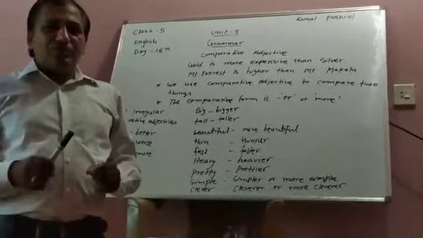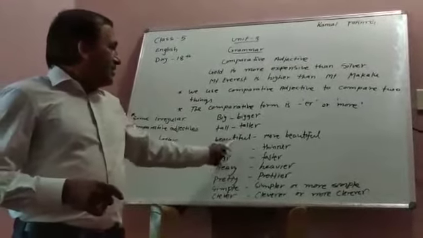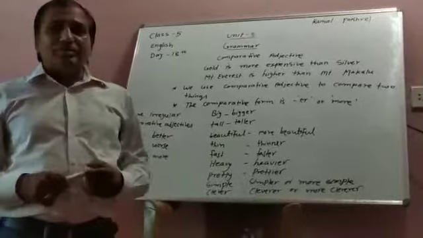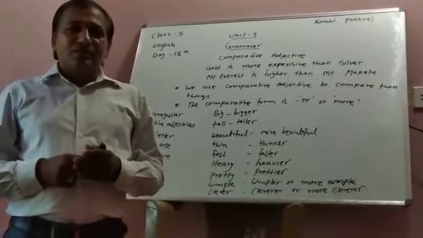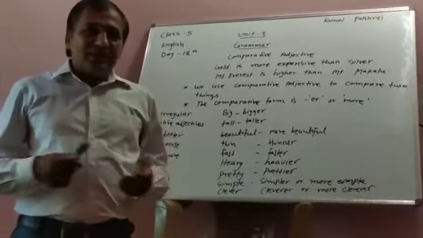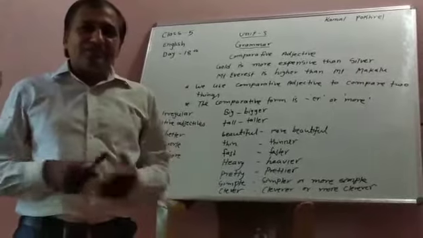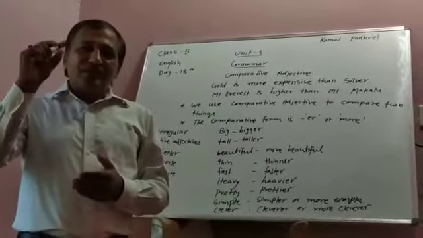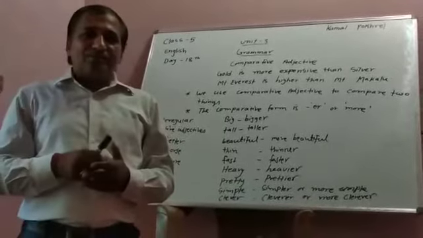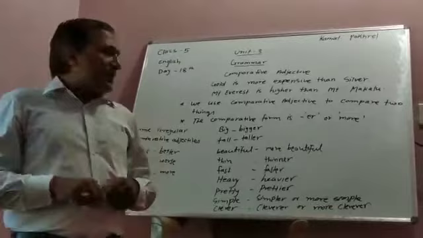The words which have more than one syllable use more. More beautiful, more intelligent, more useful, more talkative, more expensive. These are adjectives of more than one syllable, and for only one syllable we use er.